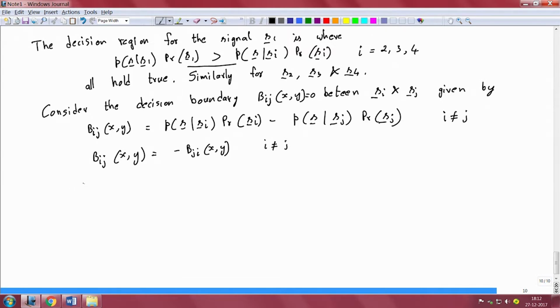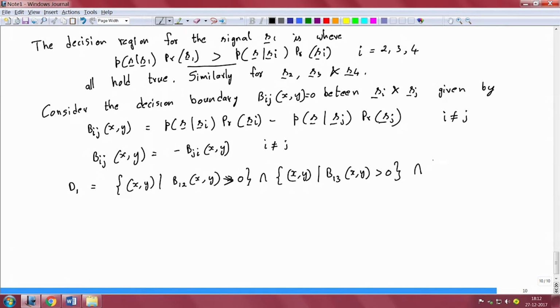So, what this essentially means is the decision region for the signal S1 is the intersection of all these sets, B12(x,y) greater than or equal to 0, or I will just stick to the strict inequality, intersection B13(x,y) greater than 0, intersection B14(x,y) greater than 0.